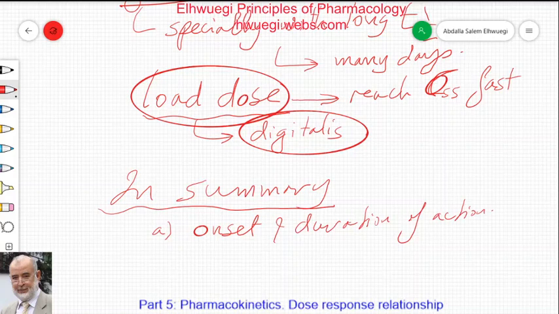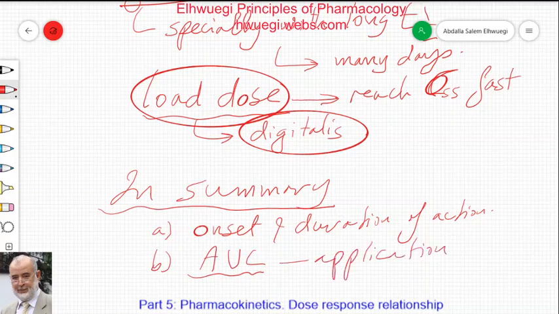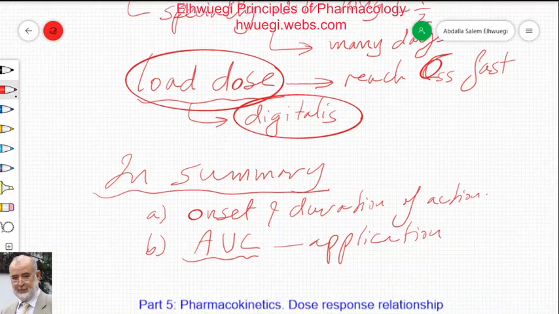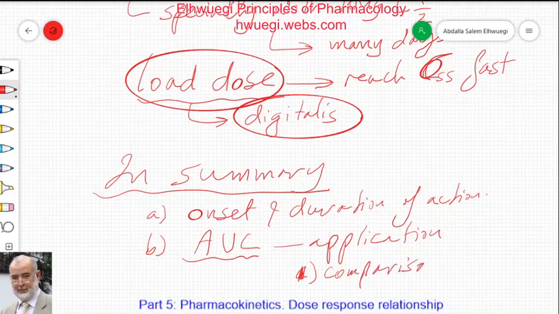We talked about the area under the curve and its applications. The first application is the comparison between different drugs.